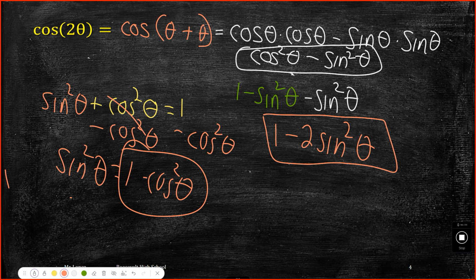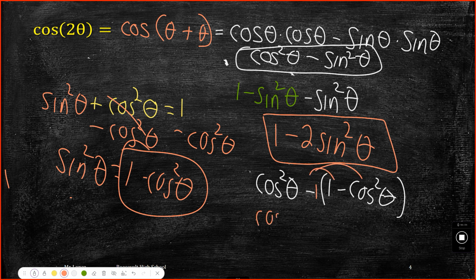So we're going to go here and plug it in. So we got cosine squared theta, and we have to put it in parentheses. I'm going back to this one right here. Sine squared theta is this, 1 minus cosine squared theta. Distribute this negative 1.